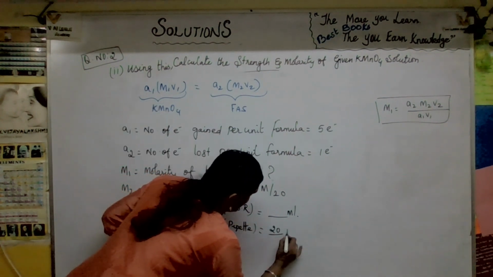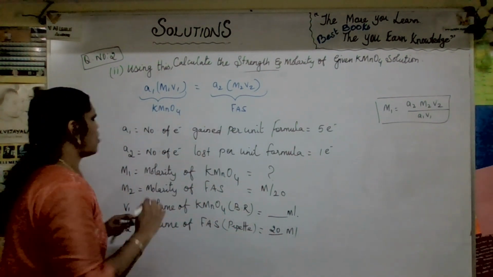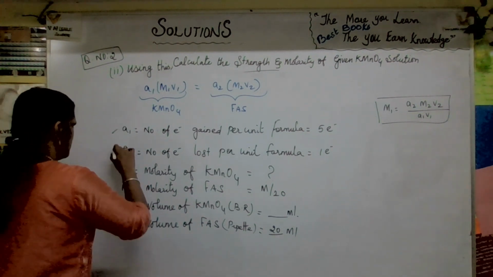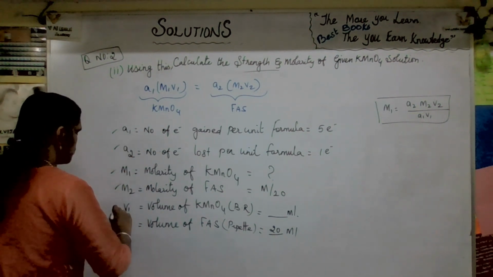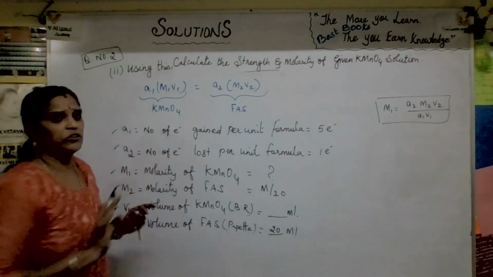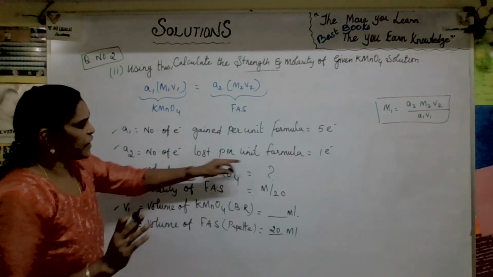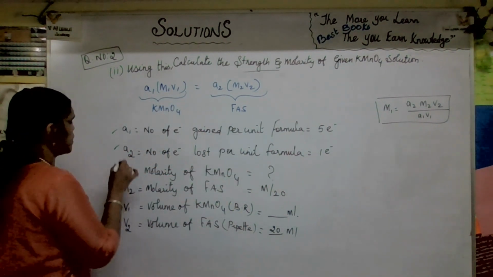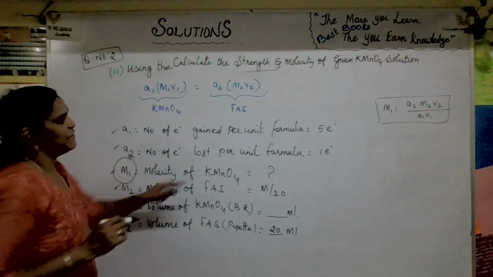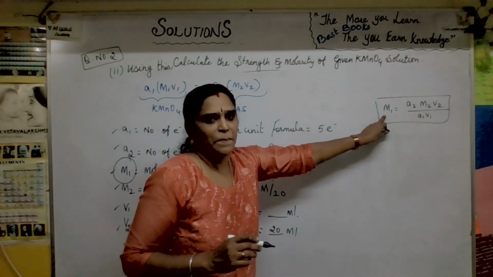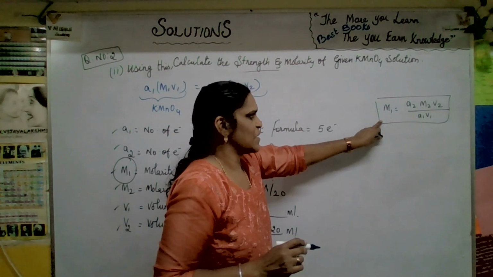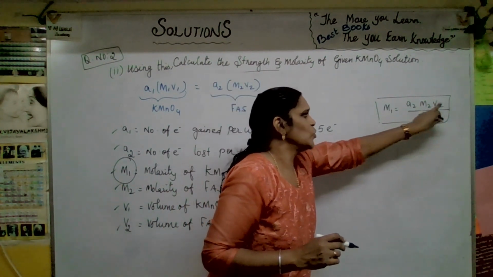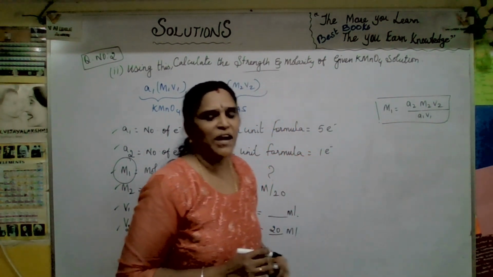Now we have got all those values A1, A2, M1, M2, V1, V2. We have to find M1 only, so purposely I have written M1 is equal to A2 M2 V2 by A1 V1.